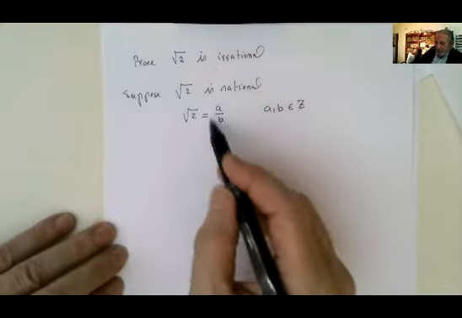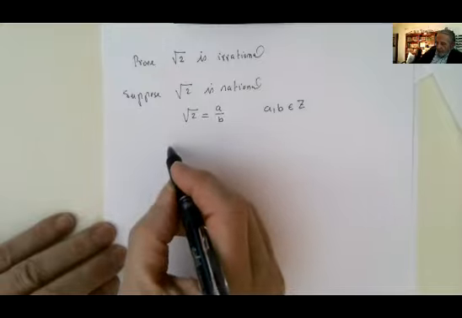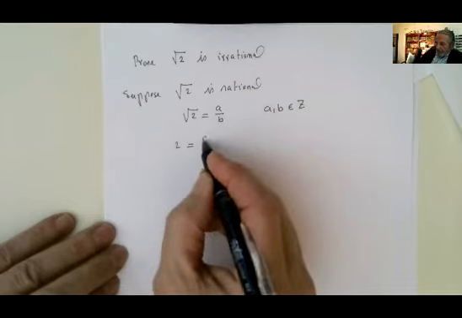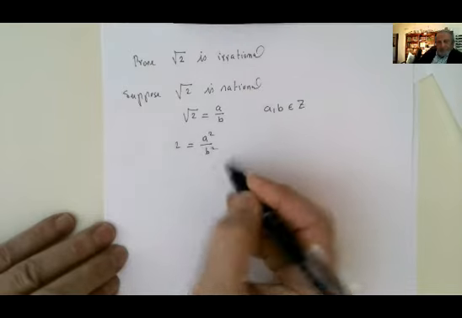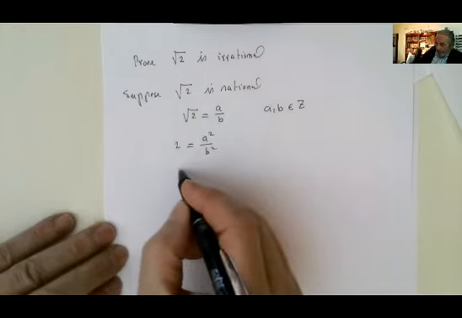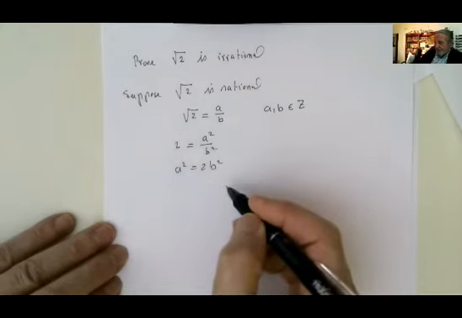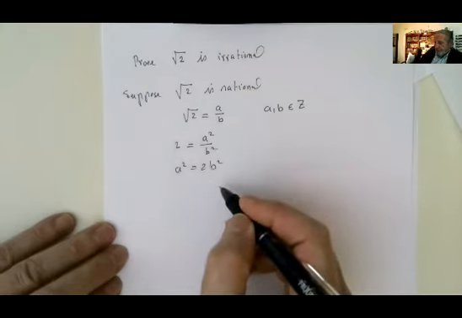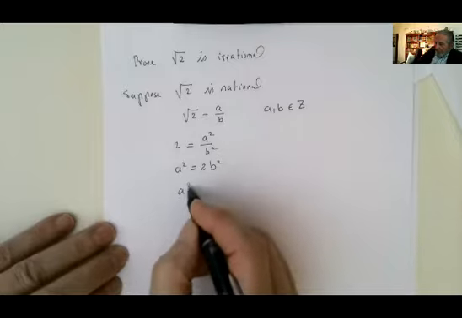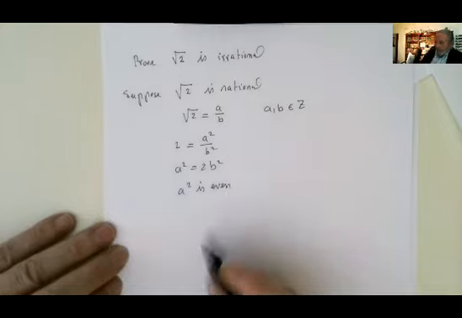So now, if I square both sides, I get 2 equals a squared over b squared. Then a squared is equal to 2b squared, which means a squared is even, because 2 times something.